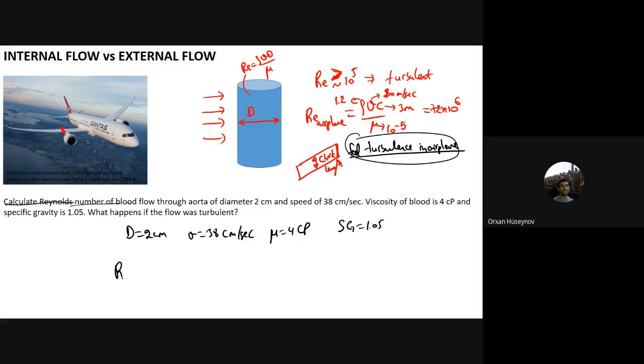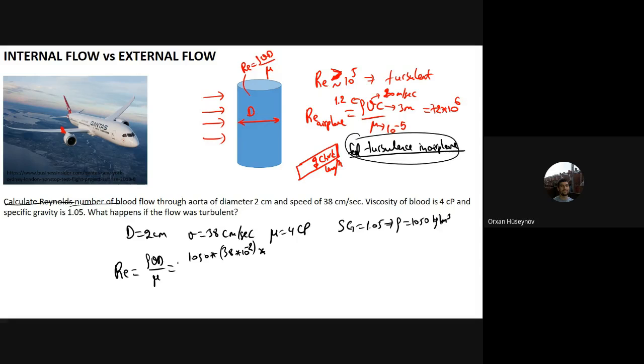Now let's see it. The Reynolds number for the blood flow will be rho V d by viscosity. The density is given by the specific gravity 1.05, and therefore the density will be 1050 kilograms per cubic meter. Multiplied with the velocity, which is 38 centimeters per second, it will be 38 times 10 to the negative 2.